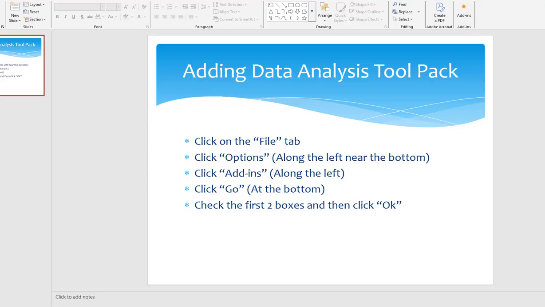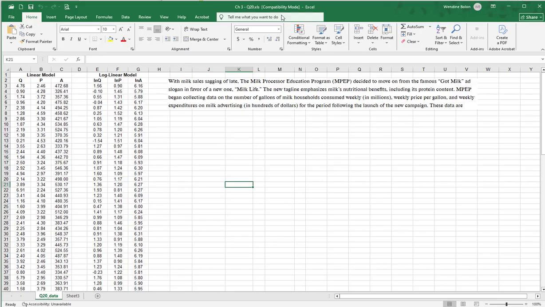All right, this is a file that came with our textbook, and we have some data here on milk sales. With milk sales sagging of late, the Milk Processor Education Program decided to move from the famous Got Milk slogan in favor of a new one, Milk Life. The new tagline emphasizes milk's nutritional benefits, including its protein contents.